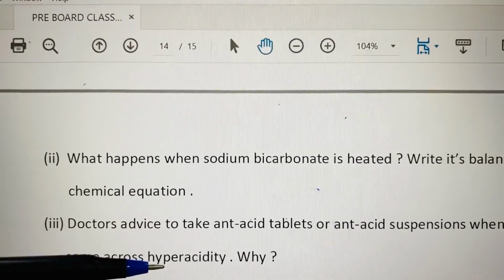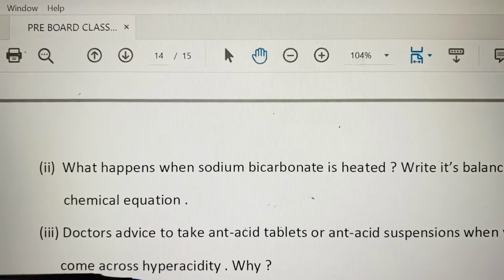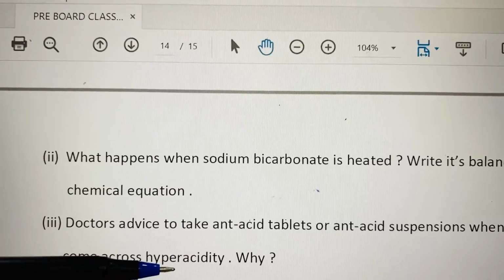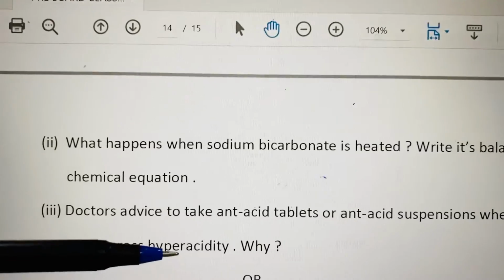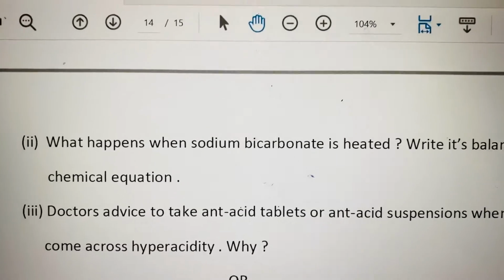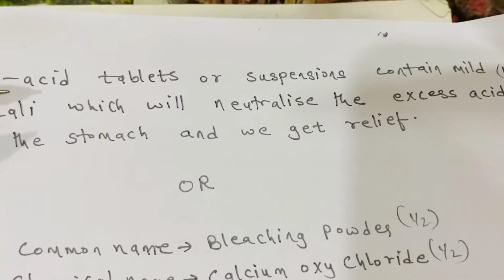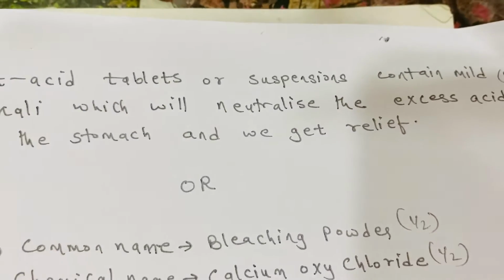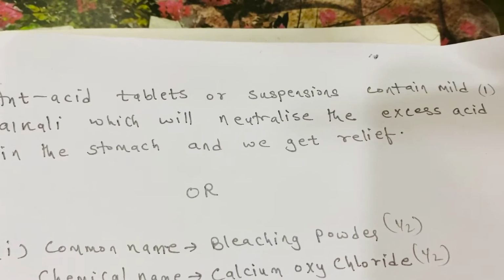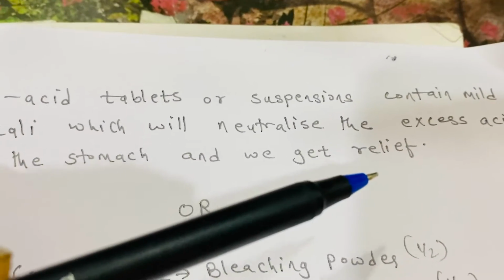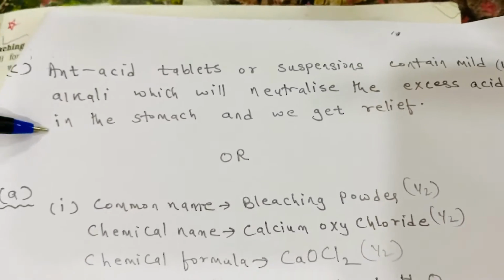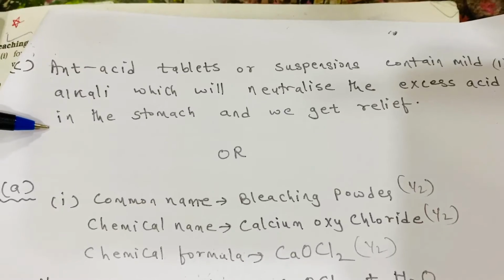So they act as antacid, that means they neutralize the acidity present in the stomach and give us relief from the pain. So this should be written in correct language, that antacid tablets or suspension contain mild alkali which will neutralize the excessive acid present in the stomach and we get relief. This also carries 1 mark. If you write the correct answer, you will get 1 mark from it.